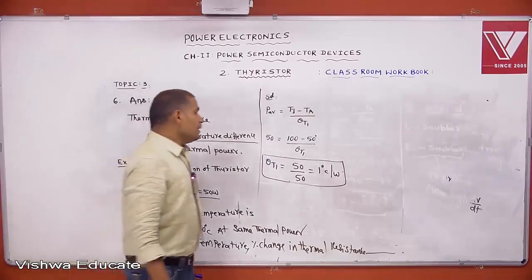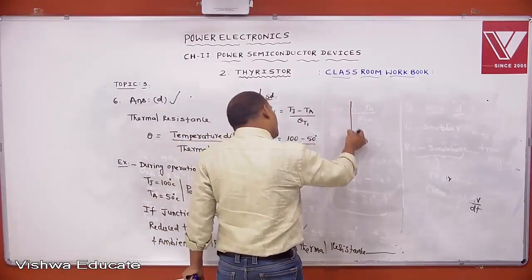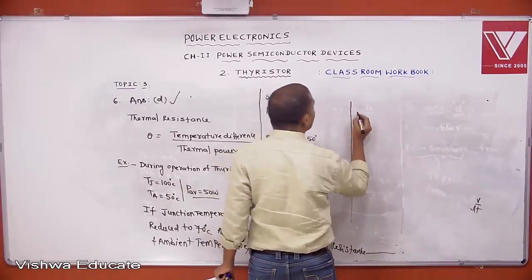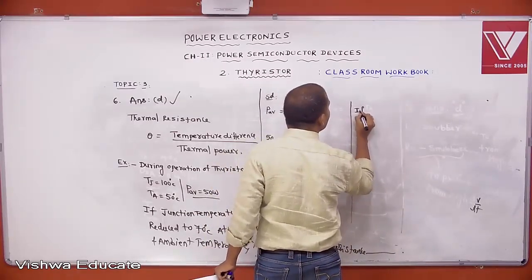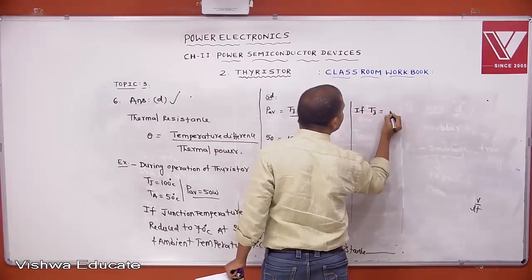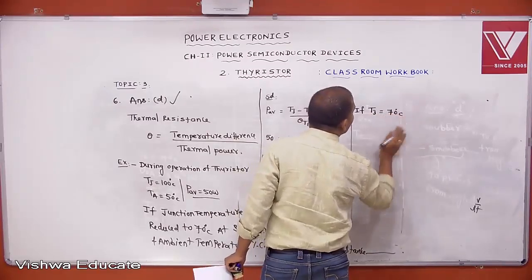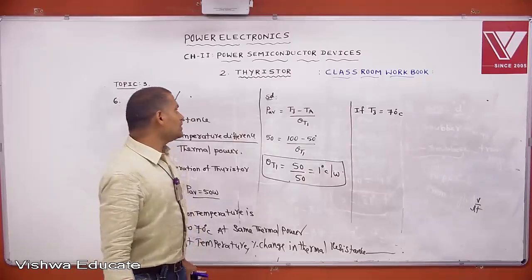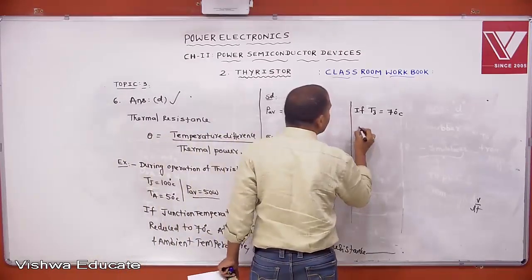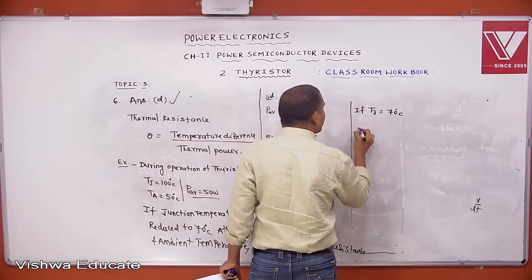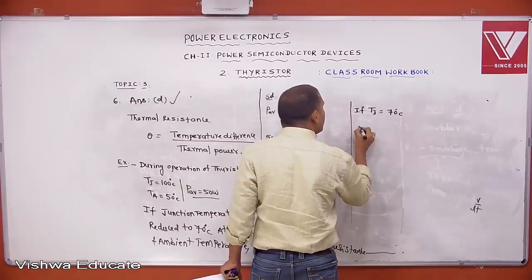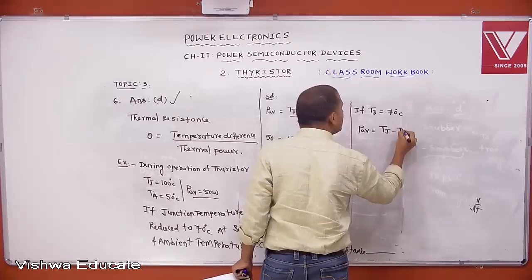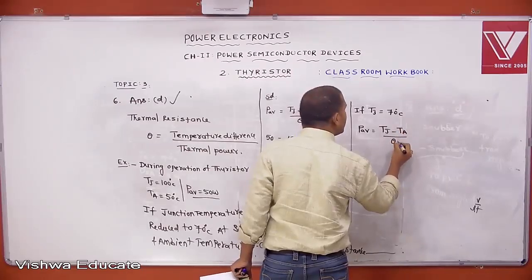In the second case, if the junction temperature is reduced to 70 degrees centigrade, now you calculate the thermal resistance. With Tj equal to 70 degrees centigrade and the same thermal power, PAV equals Tj minus Ta by theta T2, where theta T2 is the thermal resistance in this case.